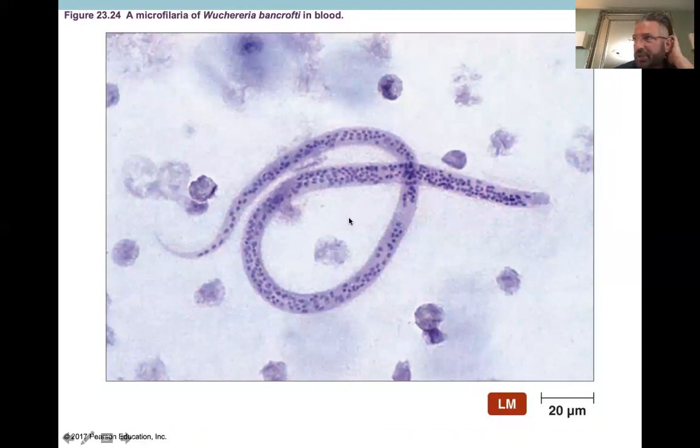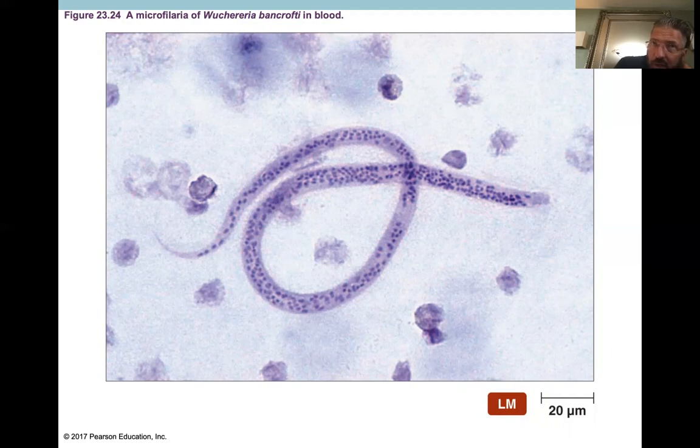So just imagine, and you guys haven't done a cadaver dissection yet, or maybe you have, but the lymph nodes in the legs and arms are not that large. So imagine the larvae in there, growing into adults in the lymph nodes. It's going to jam up, because remember, there are a bunch of afferent vessels going into the lymph node, and there's only one efferent going out.